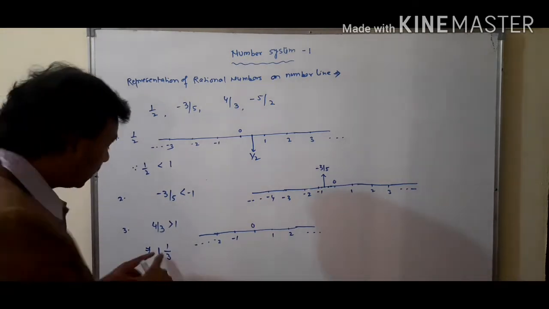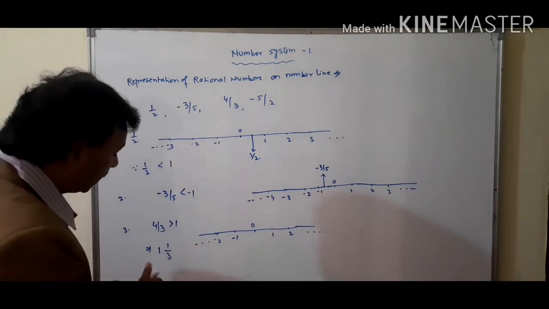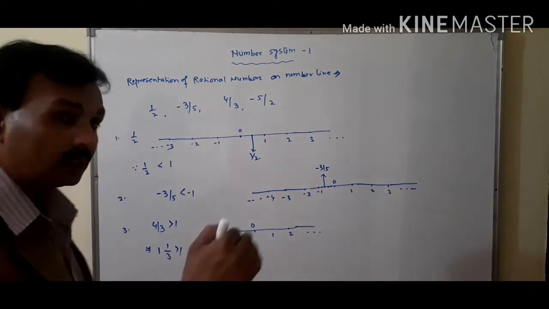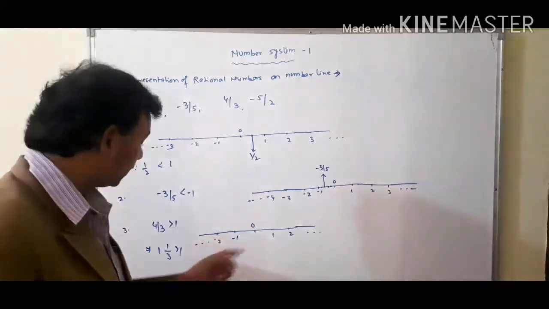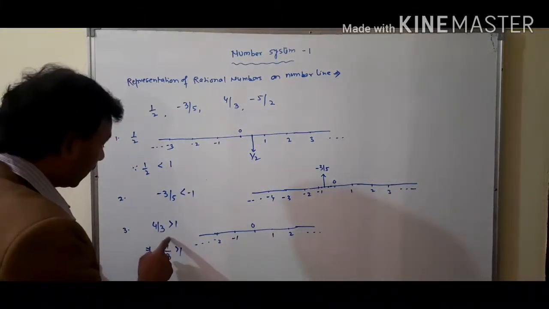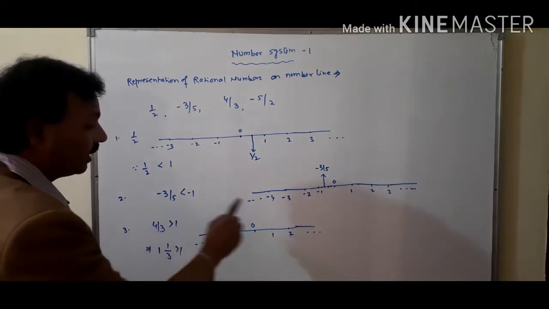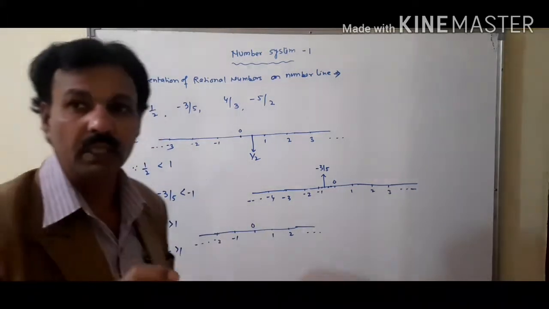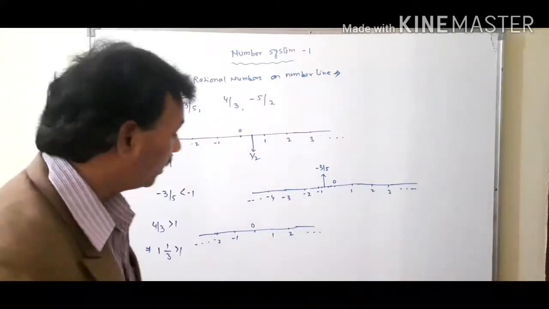That means this number 1 into 1 by 3 is greater than 1 but less than the next number, that means less than 2. That means the position of 4 upon 3 is greater than 1 but less than 2. That means this number lies between 1 and 2.